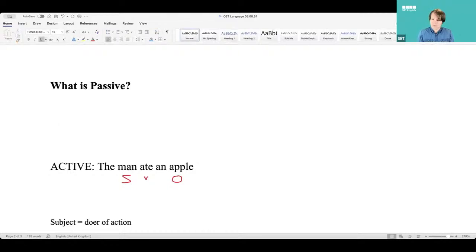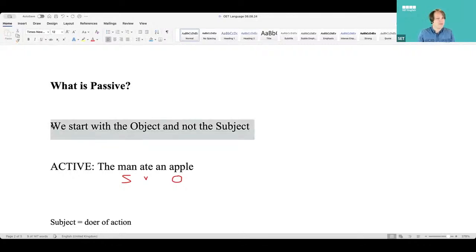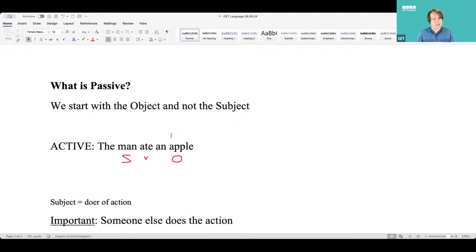Object. Start with the object and not the subject. That's a good, very general definition of passive, I think. We start with the object and not with the subject.